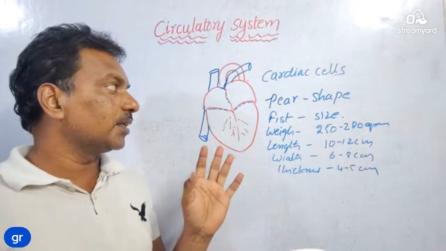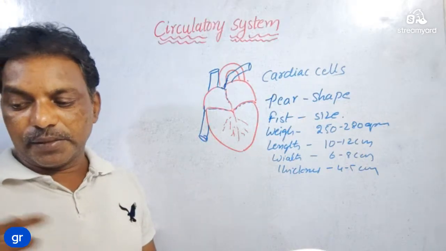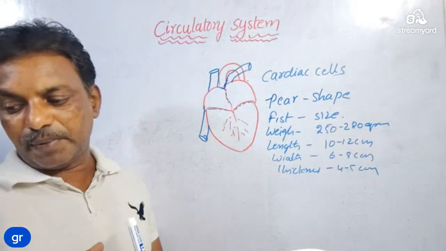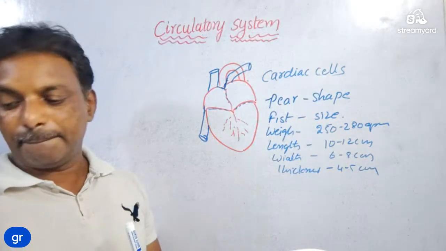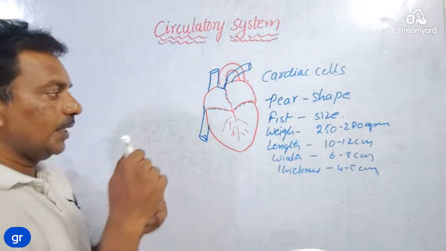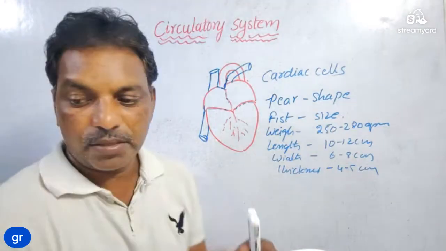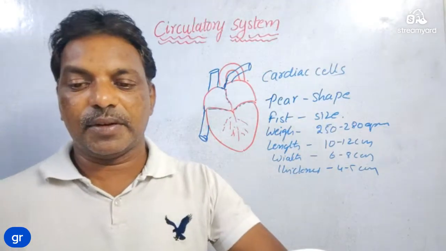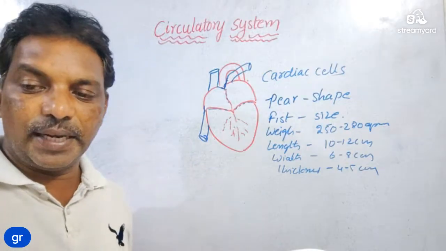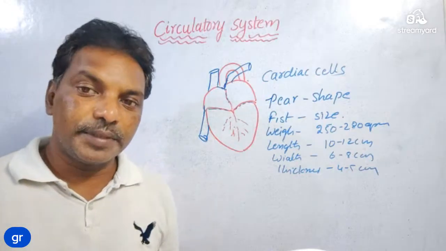Explain about external structure of heart means you have to draw this picture. A simple diagram you can use to complete it. And you have to explain length, width, size, shape, thickness.